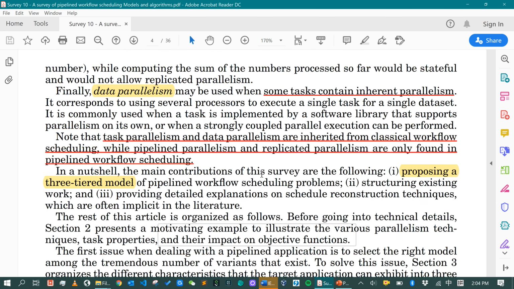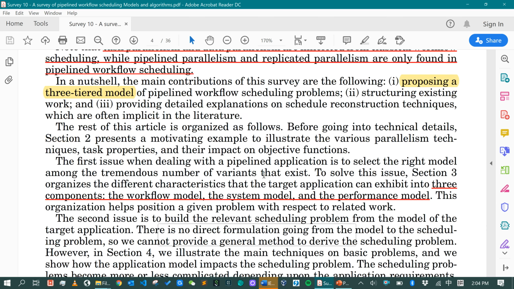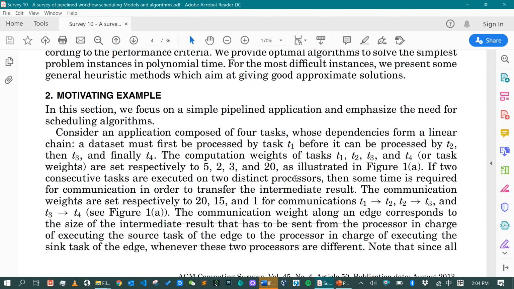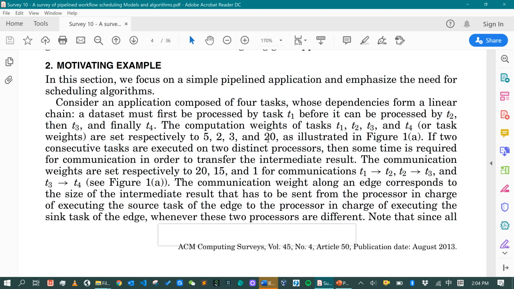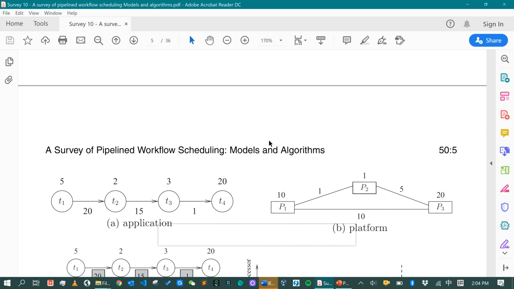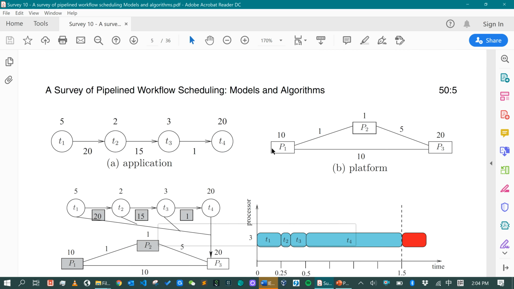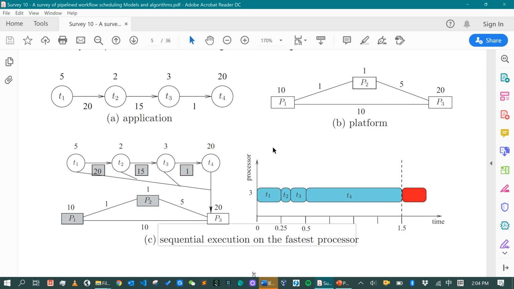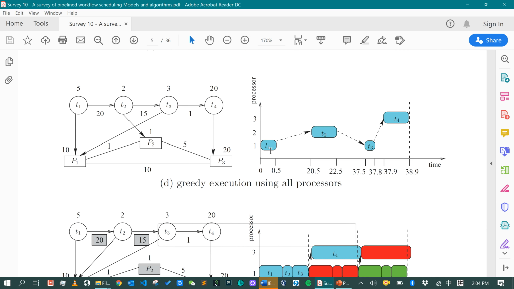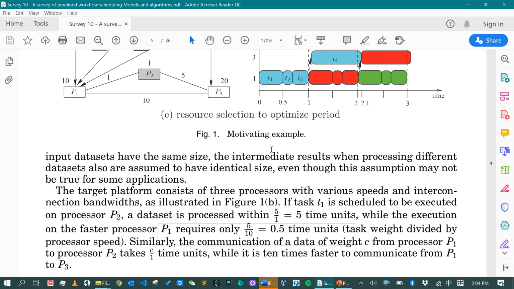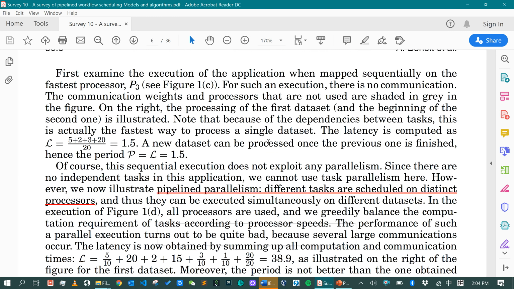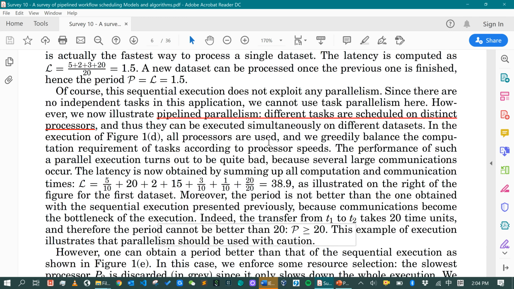The survey also introduces different motivation examples, real examples of workflow scheduling that motivate users to optimize the scheduling algorithms or the scheduling of the workflow. I think this part is very interesting, maybe for new researchers.